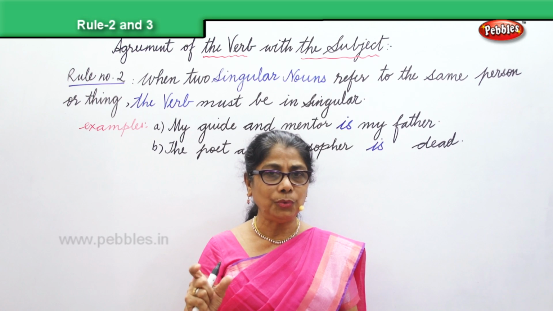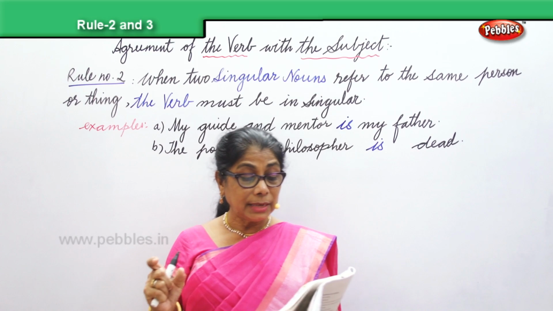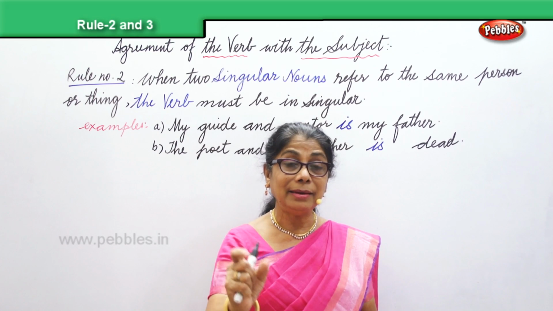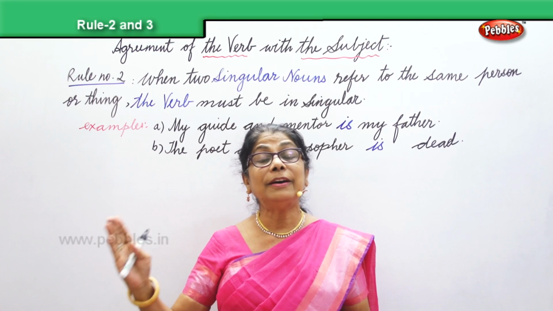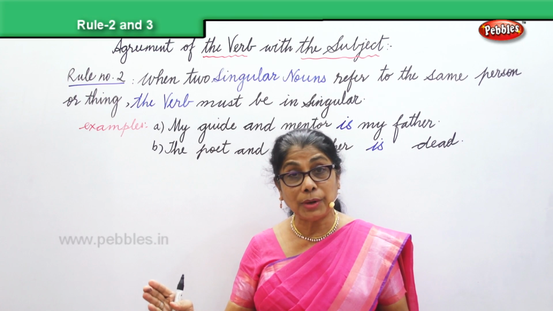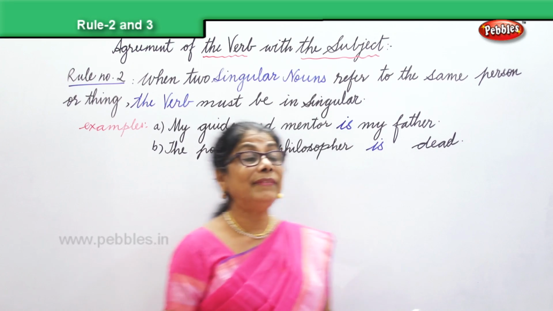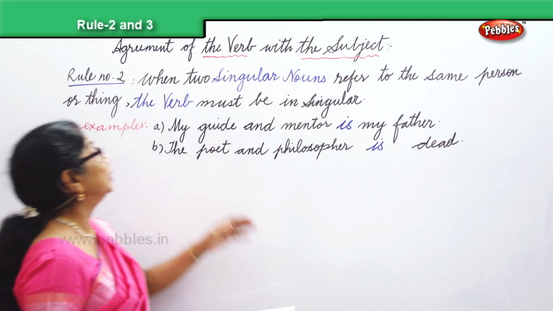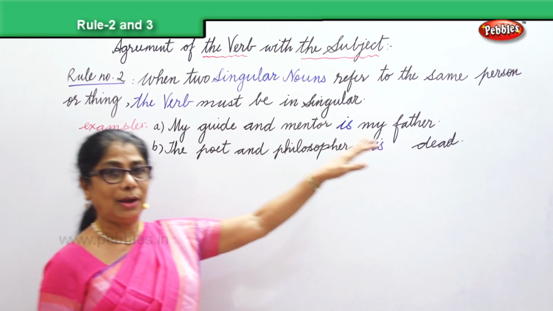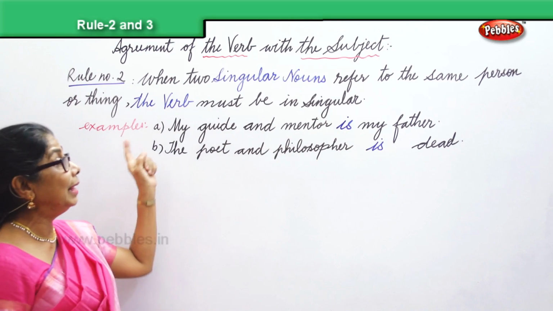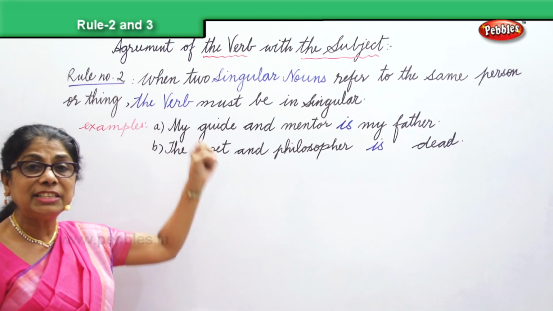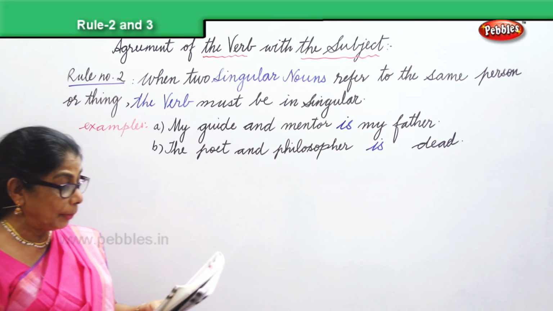So when you add two singular subjects with and, that means two different persons are there, and therefore the verb will be plural. The second rule is, when two singular nouns talk about the same person or same thing, then the verb must be singular. That's rule number 2.